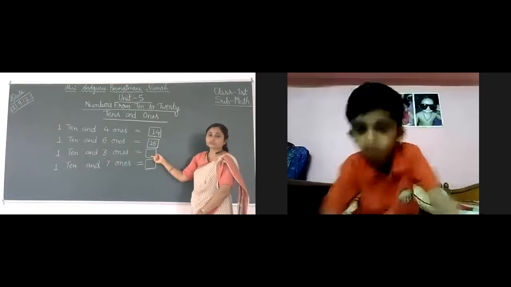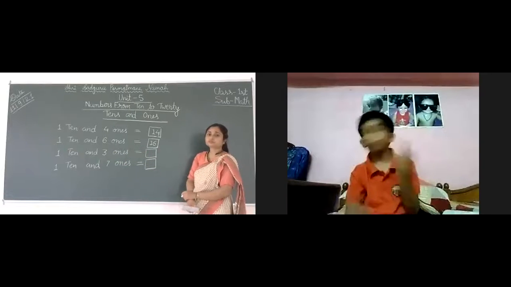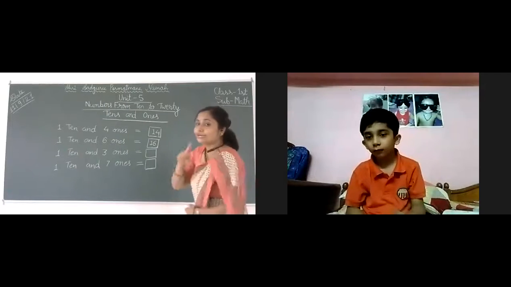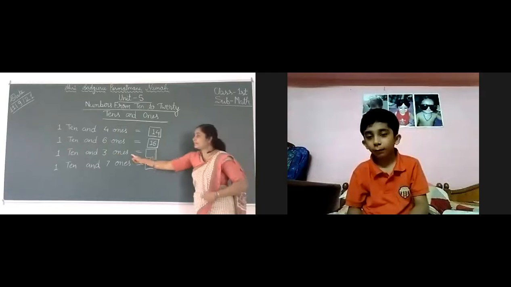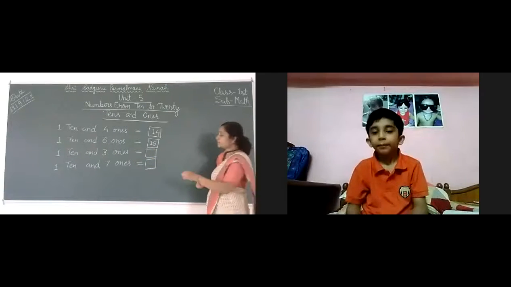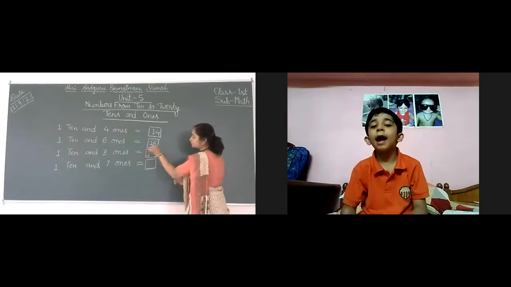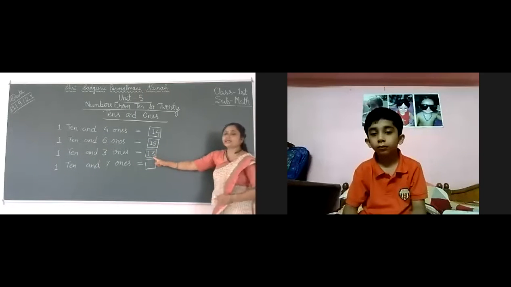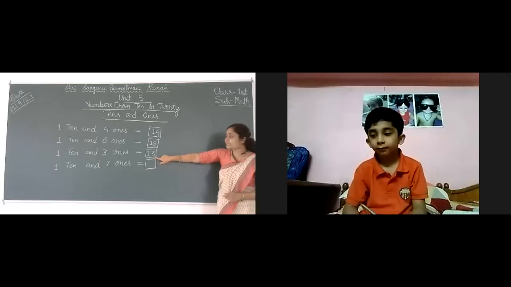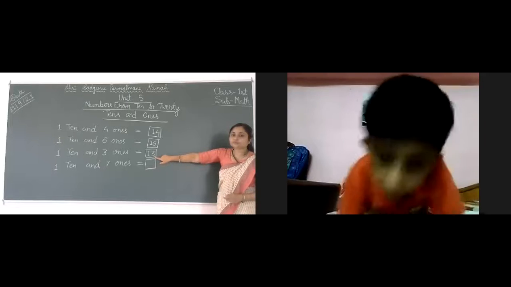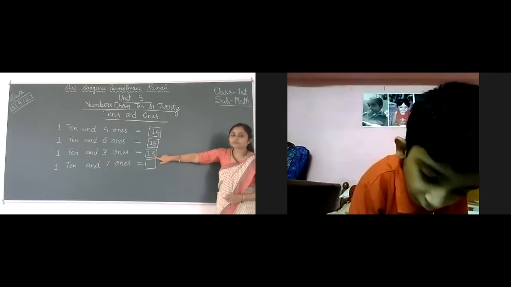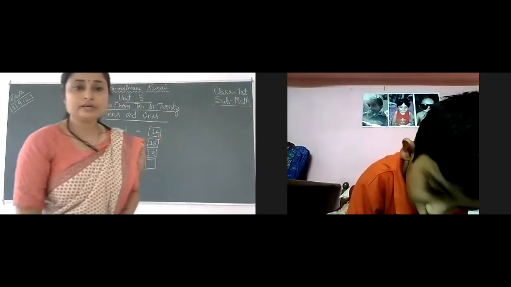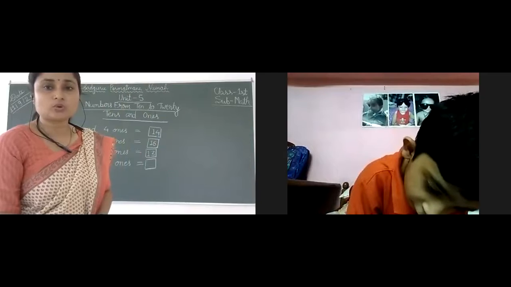First, 1 ten and 3. Now tell me, 1 ten and 3 ones is equal to.